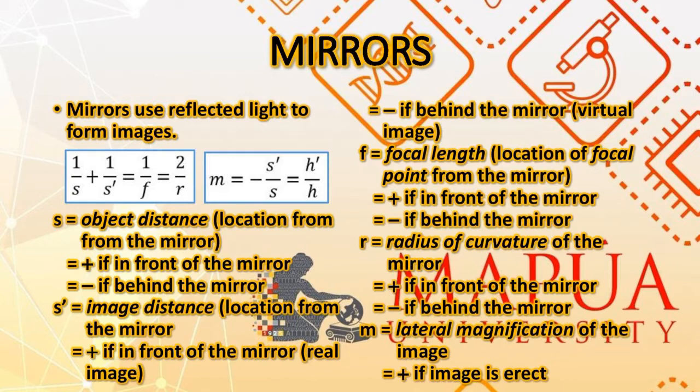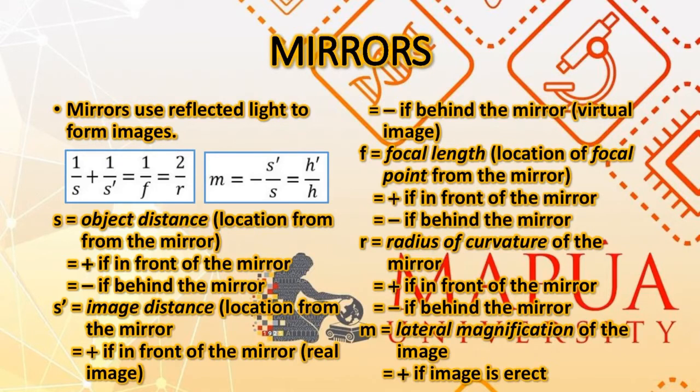There's a chance that the object will be behind the mirror, in which case s is negative. This may also be applicable if the object that we are talking about is an image formed by another optical element.